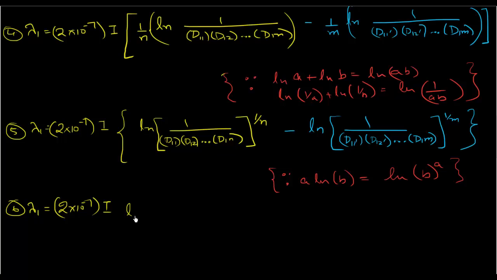And if you combine these two, what you're going to get is this will come in the numerator now, because let me write this down here. Let me write the formula down here and then I'll explain what happened.